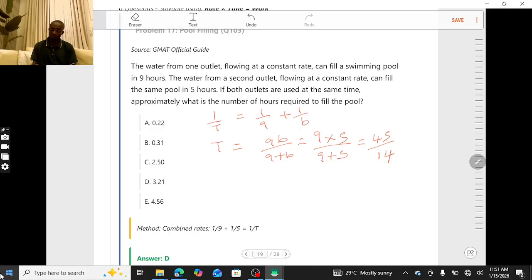That means at least we have 3 point something. It should be 3.21, that is the closest answer. So in an exam where you are not using a calculator, there may be no need of finishing it. It's 3 point something.